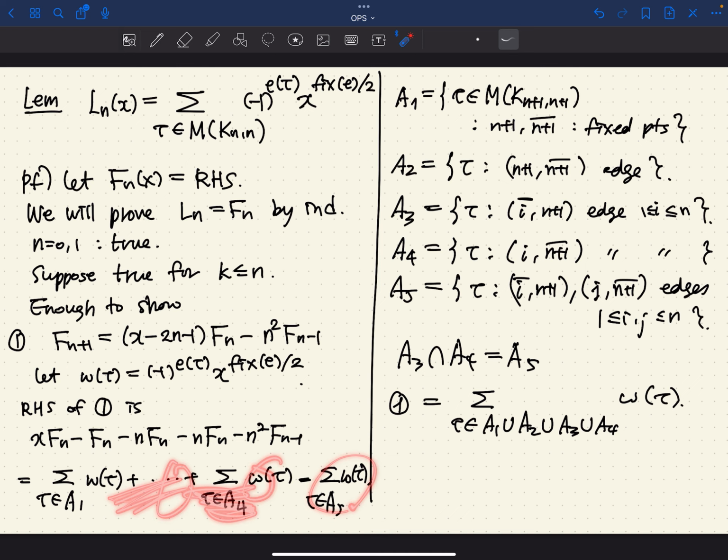The others are all disjoint. If you think about it, their union is exactly the whole set. So this is basically f_{n+1}. That's the proof. We have some interesting cancellation going on, but if you do the cancellation like this, we have a nice combinatorial model. This is something similar to the Charlier case. We also had some cancellation there.